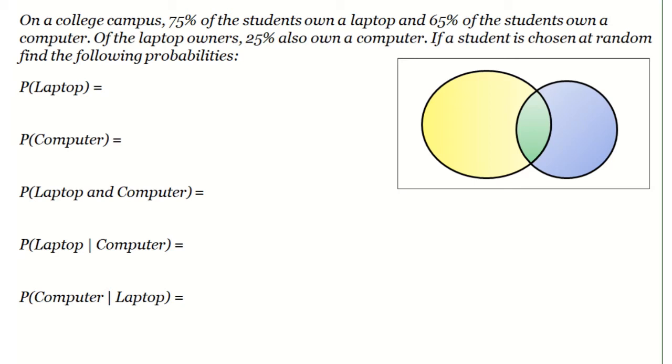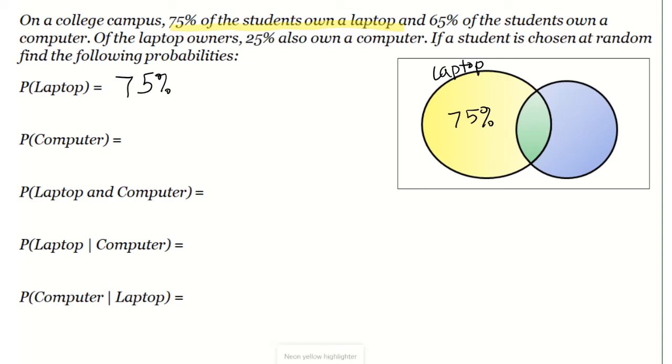The first thing we're looking at is we want to find the probability of the number of students that own a laptop. So that's right here. It says 75% of the students own a laptop. So that's going to answer our first question, what is the probability of owning a laptop? And we're going to put that right here in our yellow circle and label that laptop.